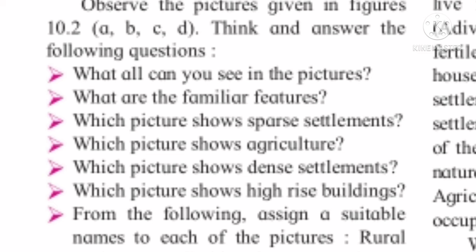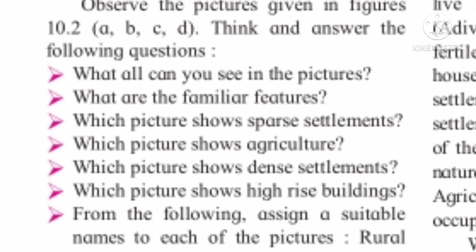What are the common features? All the pictures in all the above figures show us some type of human settlements. All the settlements are different and lifestyles are also different, but they show us different types of human settlements.